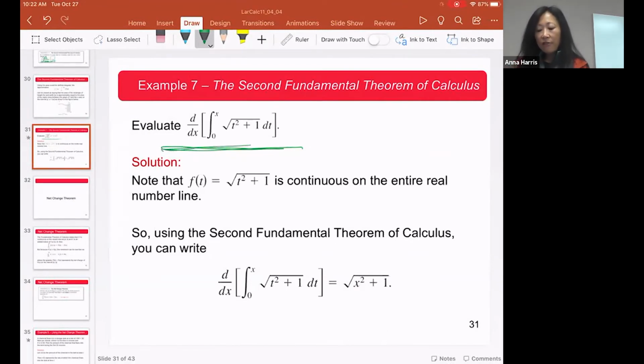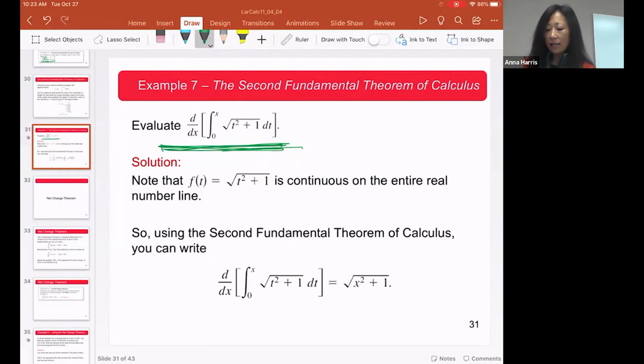So if you don't know trigonometric substitution, you don't know how to do the antiderivative of this function, square root of t squared plus 1, which you're going to learn in your calculus 2 class. So you cannot just take the antiderivative of this because you haven't learned that tool. So you definitely think about the second fundamental theorem of calculus.